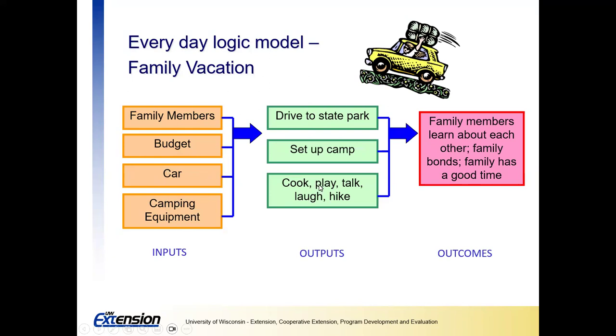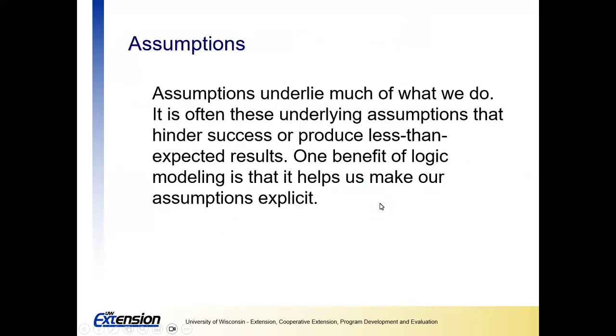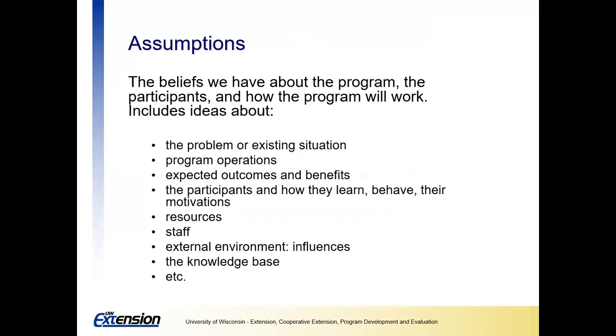This being the case, the outputs, so what we're going to use inputs for, is to drive to the state park, set up the camp, and while there, we're going to play, talk, etc. As a result of this, which is going to be the outcome or the result, family members will learn about each other, build a family bond, and have a good time together. We're going to talk about assumptions later on in the presentation and the different parts of assumptions.